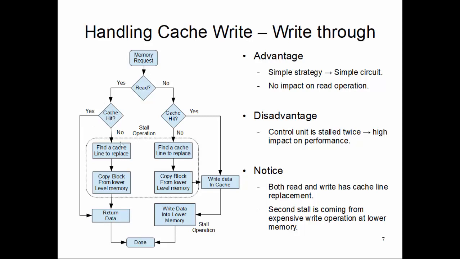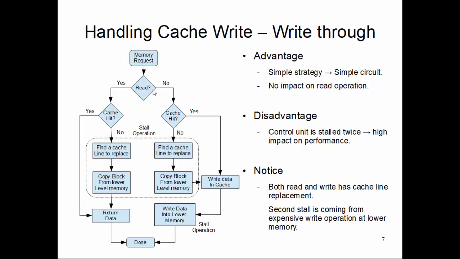If it is no, then find the cache line to replace, copy the block from the lower level memory, and then return the data. Then you are done. So these two parts, find a cache line to replace and replace that line from the lower level block, that's where your processor is stalled because it's a slower operation.